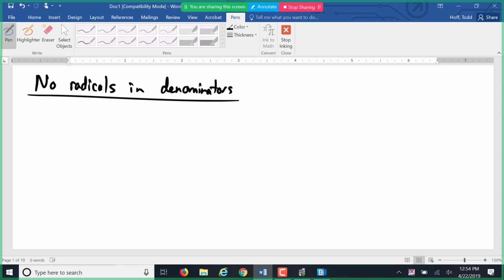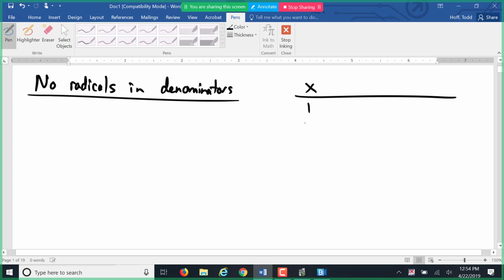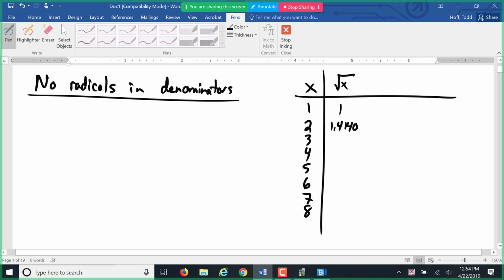Those tables would tell us, if I had the value of x, 1, 2, 3, 4, 5, 6, 7, 8, and so on, it would have the square root of x. Well, the square root of 1 is 1. Square root of 2 is 1.4140, blah, blah, blah.